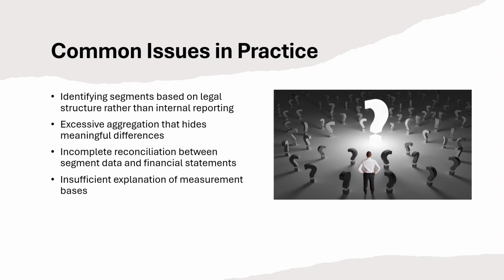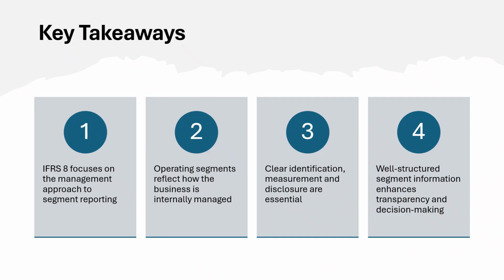So, in practice, companies often face issues such as defining segments based on legal structure instead of internal reporting, aggregating too much and hiding differences, poor reconciliation with financial statements, and weak explanations of measurement methods. These issues reduce the usefulness of segment reporting.